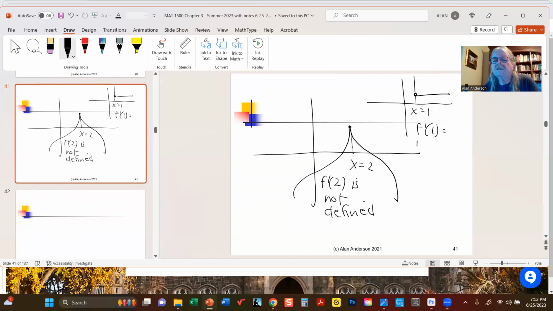Let me finish this and I'll show you a graph that I hope makes sense. Remember, the derivative is simply the slope of the tangent, which in itself is a limit.